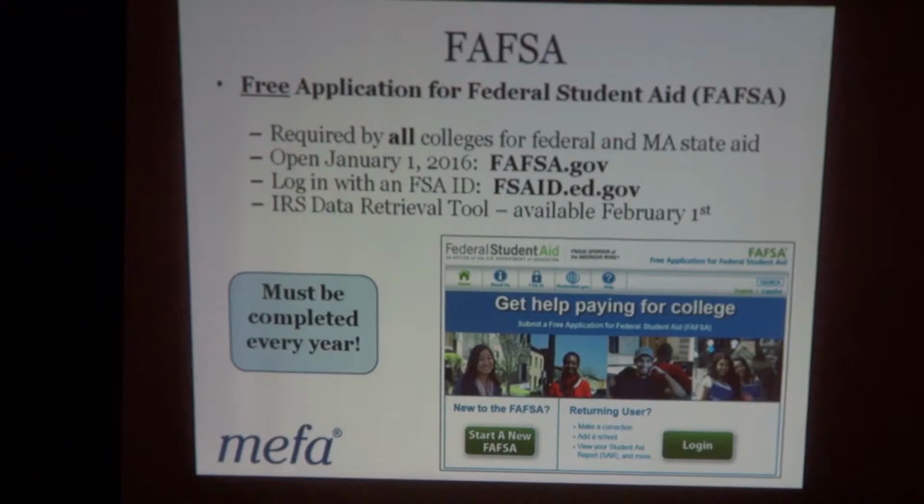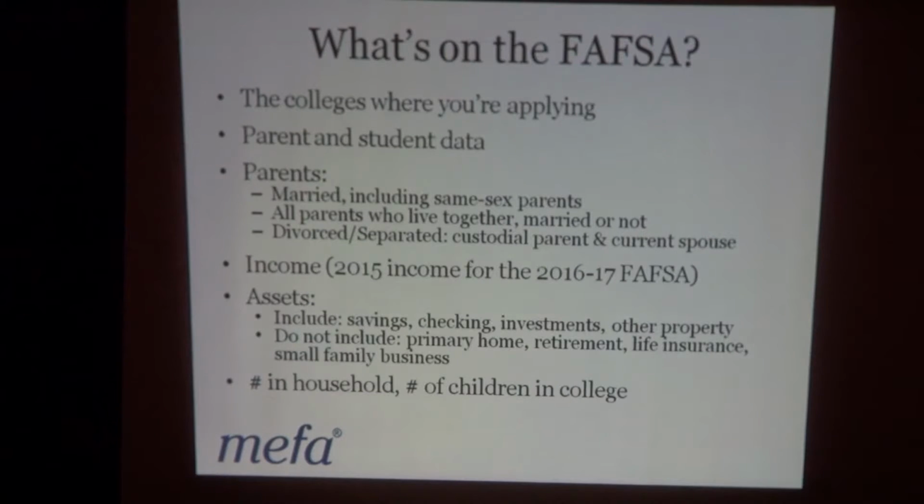The website used to be FAFSA.ed.gov. You can still get to it from that, but it is just FAFSA.gov, which gets you right there, and it's not .com. I think the next slide talks about what's on the FAFSA. You're going to put in information for the schools that your son or daughter is applying to, or your son or daughter is actually putting that information in.